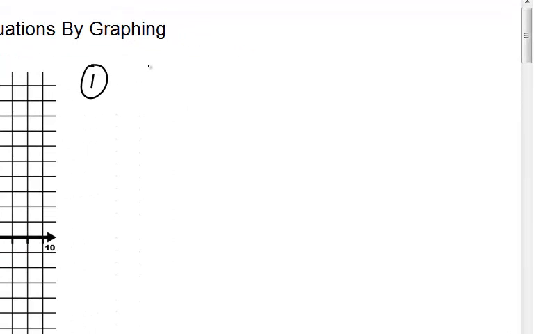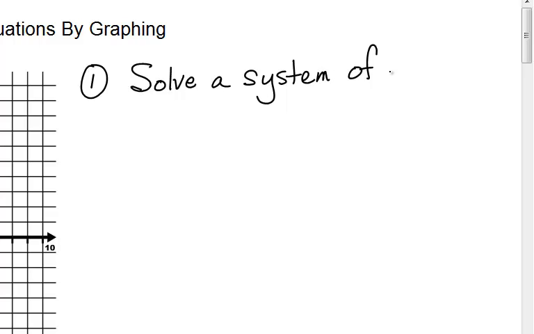I'm going to go through a couple of examples. They will ask you to solve a system of equations by completing a table.